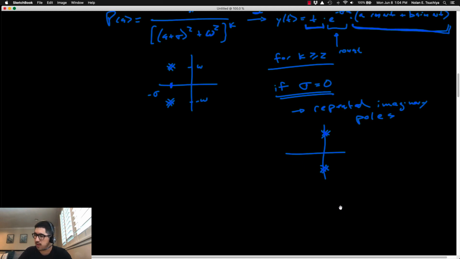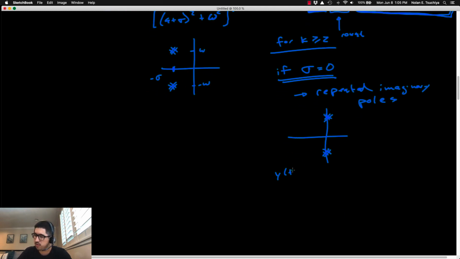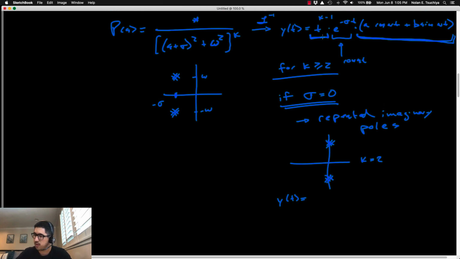So in this case, let's just say for k equals 2, the form of the impulse response would be t to the k minus 1, so t to the 2 minus 1, which is 1. So t times some sinusoidal function, right? We'll just replace all that with just a sine function.